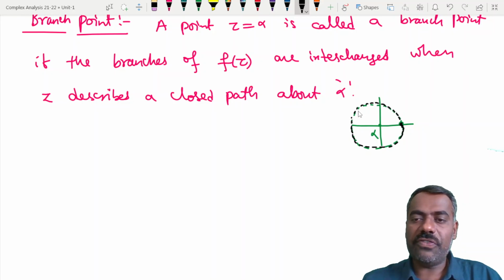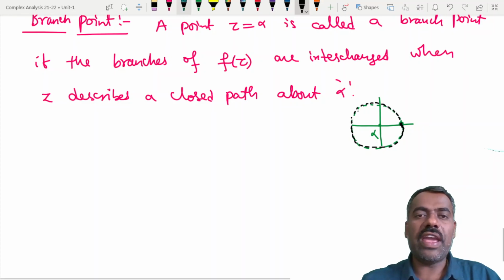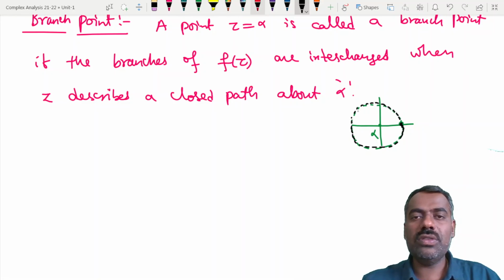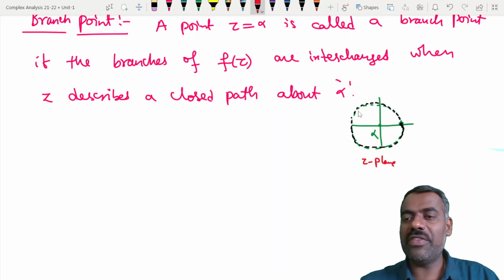So if you take any closed path around that point alpha and you traverse along this, so this is the z plane, and this is the w plane.